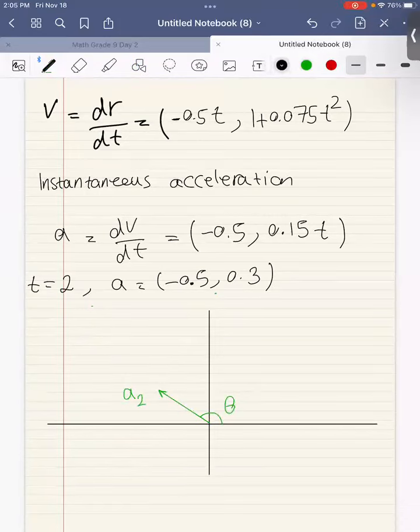We know that tangent of theta is 0.3 over minus 0.5. So theta is equal to 149 degrees. This is the acceleration at this time.